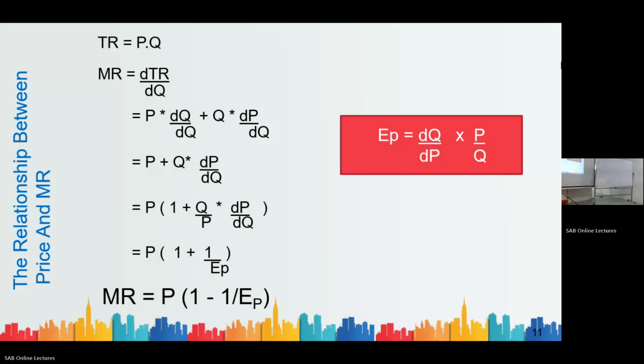I'm not going to explain this derivation because it's a bit complex. If you can remember this simple formula, that will be enough. Marginal revenue equals P into 1 minus 1 over price elasticity.